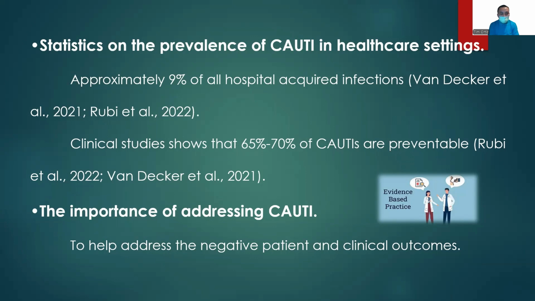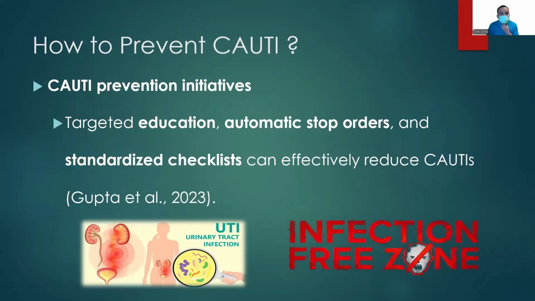I want to highlight key initiatives for preventing catheter-associated urinary tract infections, or CAUTIs. First, targeted education for healthcare staff is essential. By enhancing their understanding of infection control and catheter maintenance, we empower them to make better decisions.